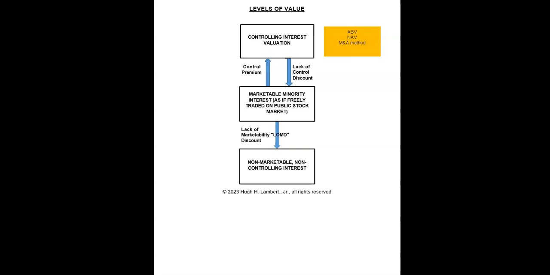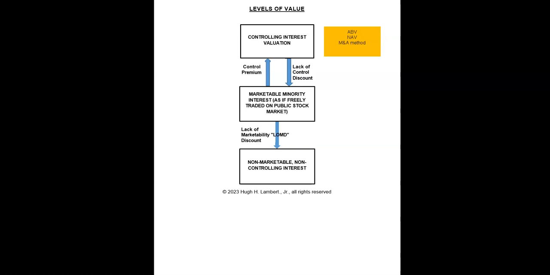Those are all non-controlling or minority stock interests. If you start looking at publicly traded companies, you'll find that some of these companies have 200 million shares outstanding. So even somebody trading 2 million shares would only be trading 10%. So what you see trading in the public markets are minority interests.